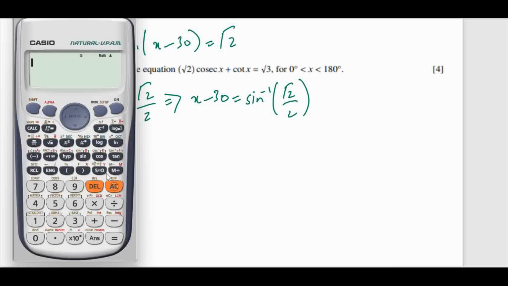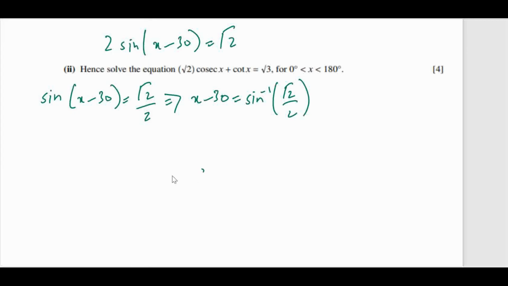So sine inverse of square root of 2 by 2 is 45. So this angle is 45, and we can see that x minus 30 is 45 degrees.